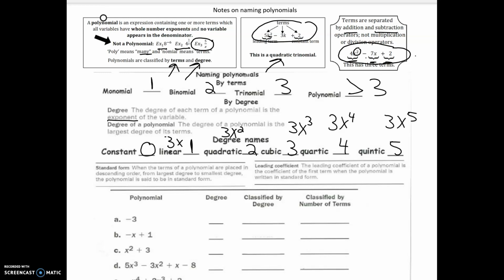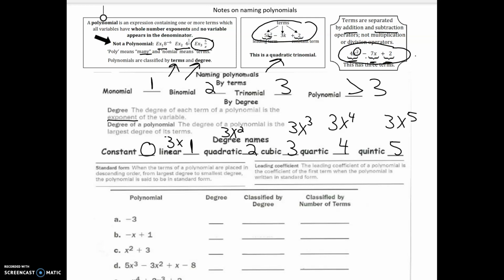So what I'd like you to do now is see if you could go ahead and do the examples here. If you want to pause the video, see if you could figure these out. I will give you a second. And then we're going to go over these. You're going to classify it by degree, which means you're going to tell me the name.